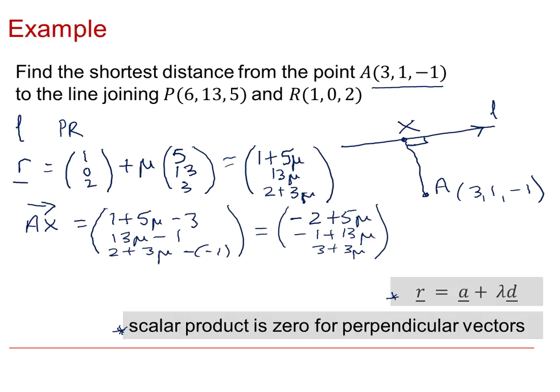Well, yes we do, because the direction of the line is the 5, 13, 3, or the D part, which we can see up here. So if we look at the scalar product of AX with D and set that equal to 0, that will enable us to find the value of the parameter mu and fix X.